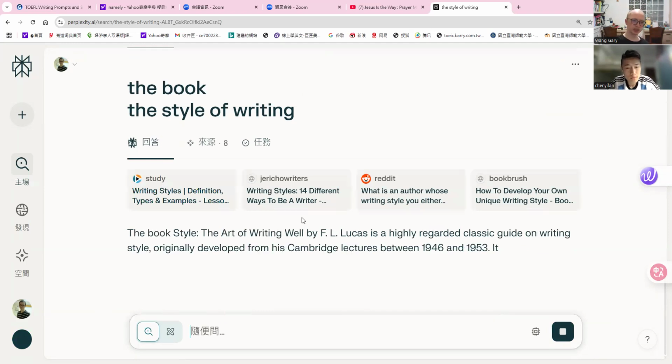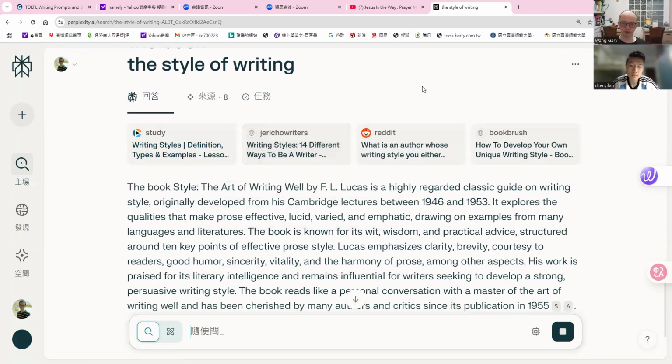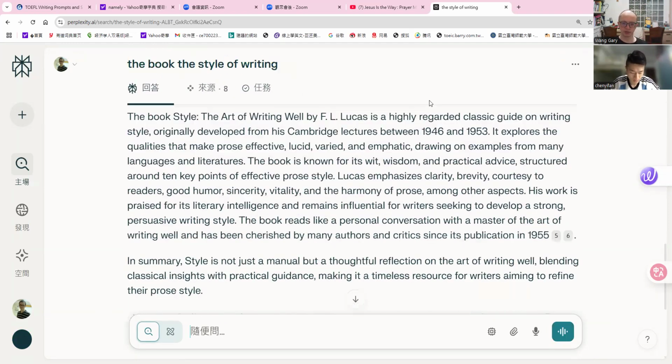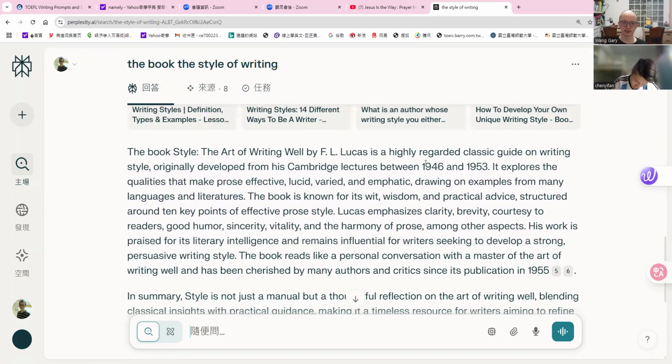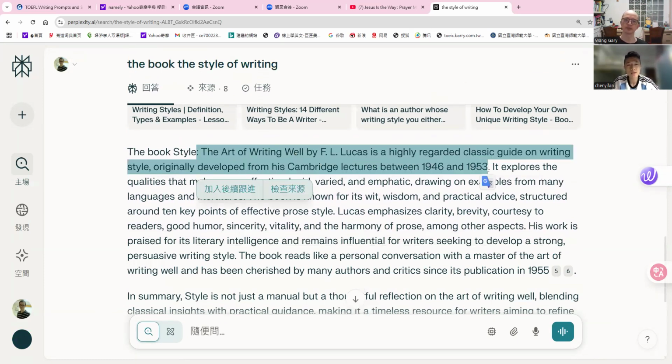More than 20 years ago, when I was in the UK, my professor also recommended that book for us. Oh, The Art of Writing, sorry. The Art of Writing, by this professor at Cambridge University. They were originally Cambridge lectures by Lucas Professor from 1946 to 1953.